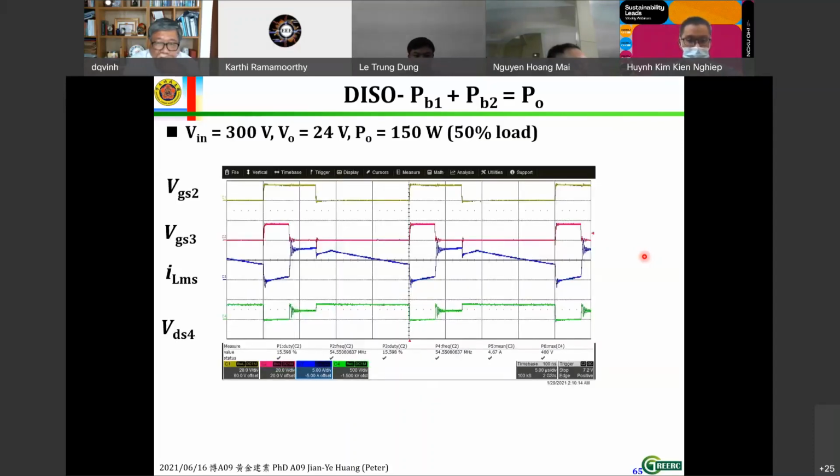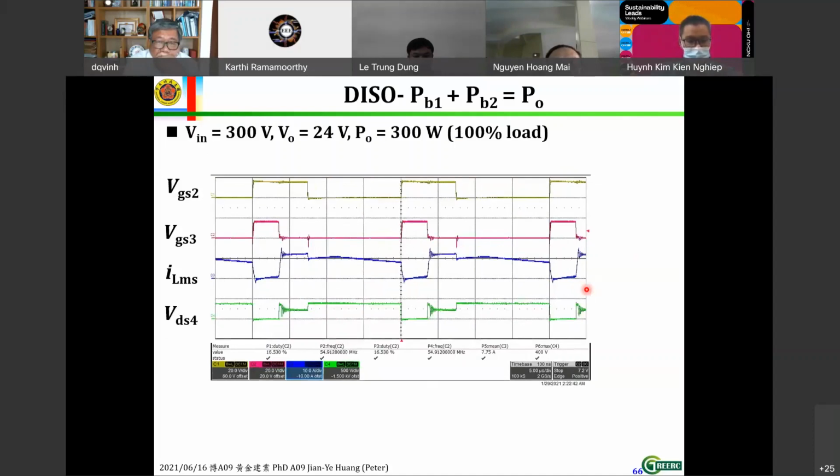The next one is the diesel mode at the 50% load condition. This one is the diesel mode waveform at the full load condition.